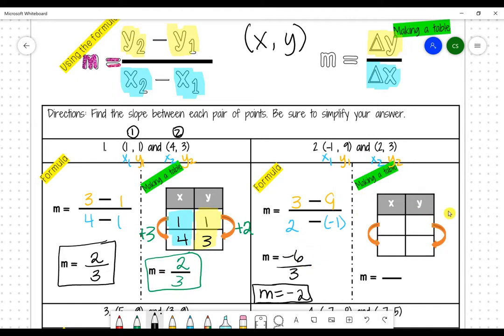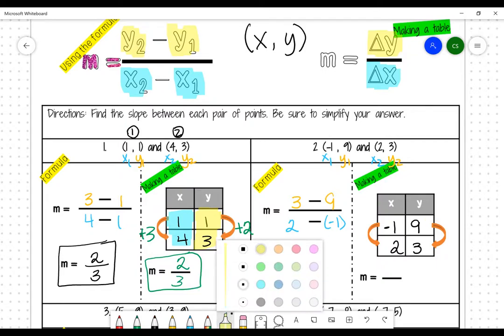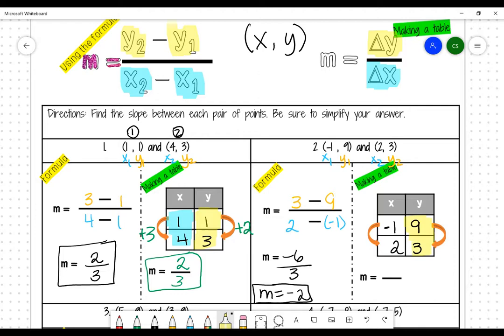But what if I wanted to use a table? x and y. My points are (-1, 9) and (2, 3). Well, my change in y over my change in x. So my change in y, what is happening from 9 to 3? It is decreasing. Decrease means minus by how many? I can count down. 8, 7, 6, 5, 4, 3.